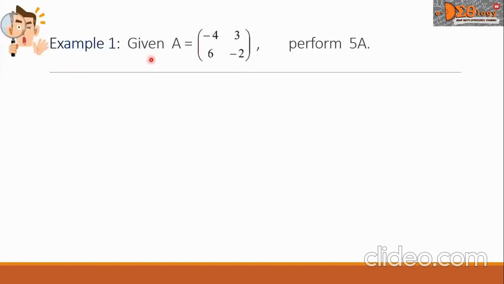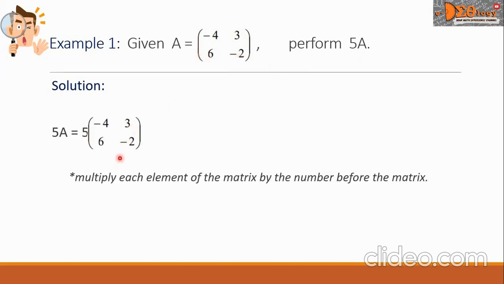Example 1. Given matrix A equals -4, 3, 6, -2 respectively. Perform 5 times A. 5A here is equal to 5 times this matrix A. So we're going to multiply each element of the matrix by the number before the matrix.